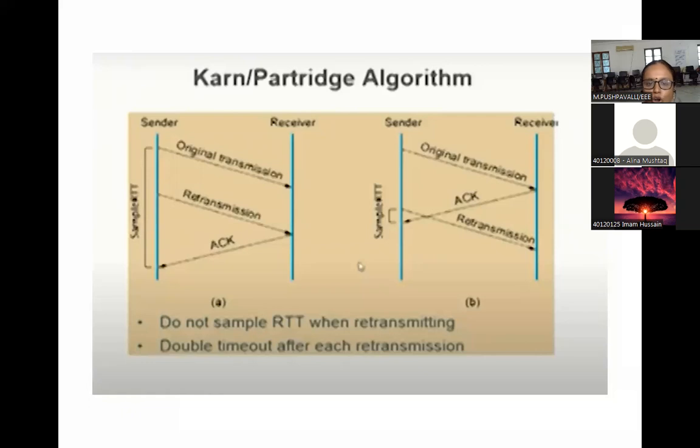This is Karn's/Partridge algorithm: the retransmission and its acknowledgement are not taken, only the original transmission and its acknowledgement. Otherwise the time period taken as my sample RTT will sometimes be wrong.